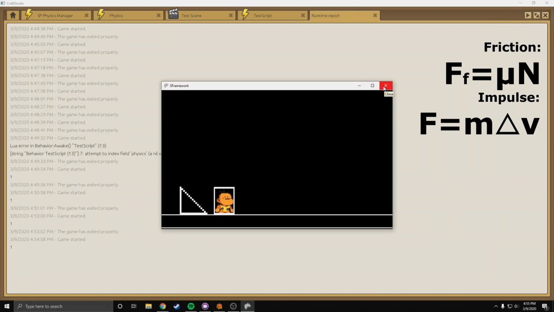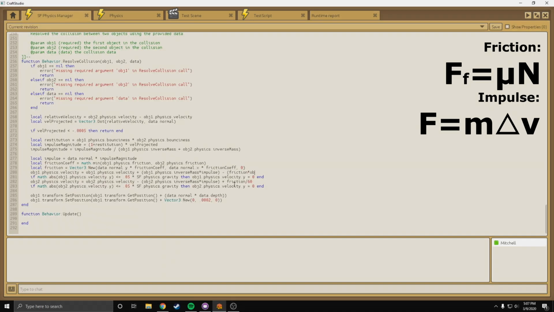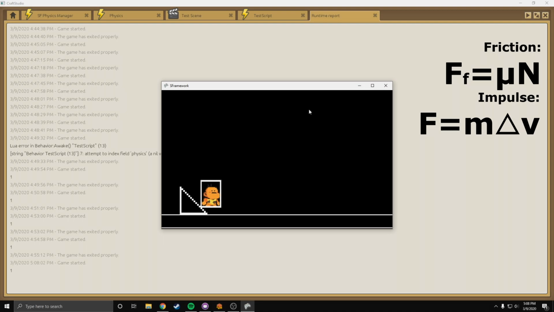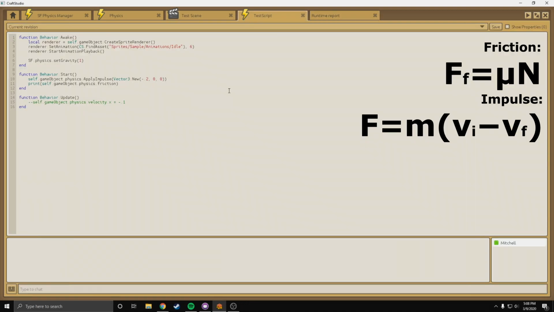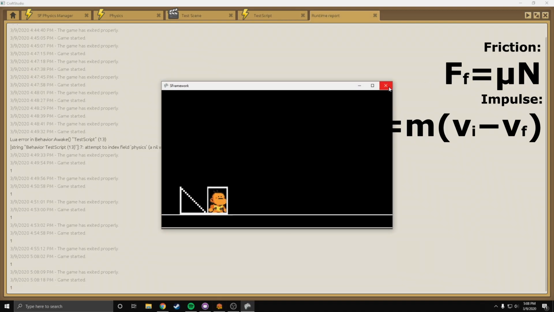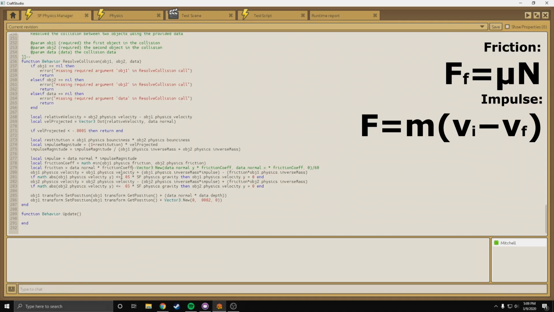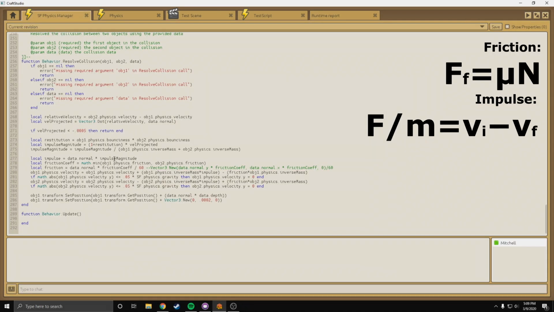So if we think about it, we can split our equation. We have F equals m delta v, where delta v is our final velocity minus our initial velocity. And we can manipulate that and move stuff around. First we'll divide both sides by the mass, so we're left with force divided by mass equals the change in velocities.